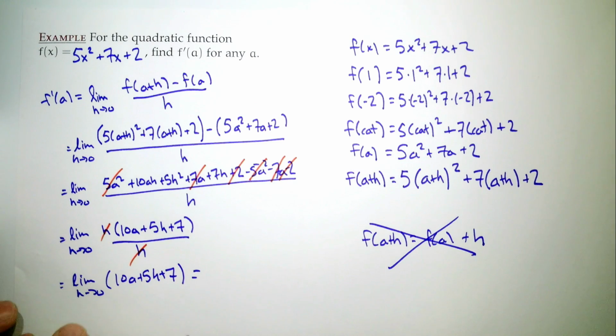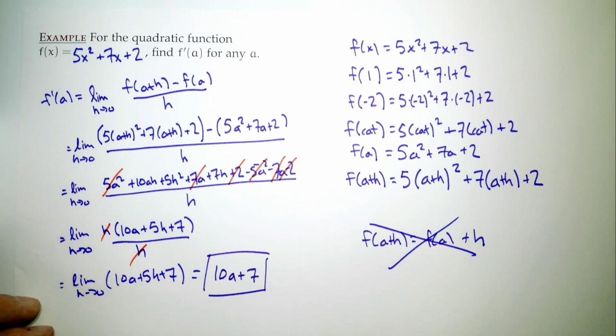The answer is, what's the limit telling you to do? Follow the limit. The limit says h goes to 0, so you put in h equals 0. So we end up with 10 times a plus 7. And that's the answer. If you give me any a at all, I can tell you what the slope of the tangent line is at that particular point: 10a plus 7.